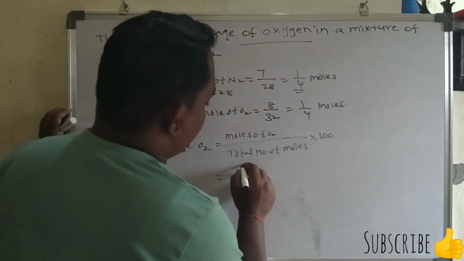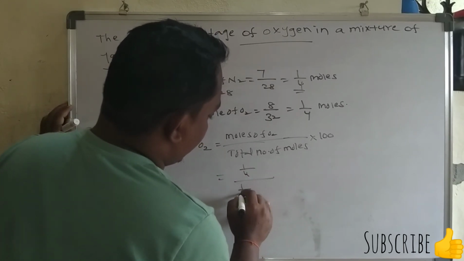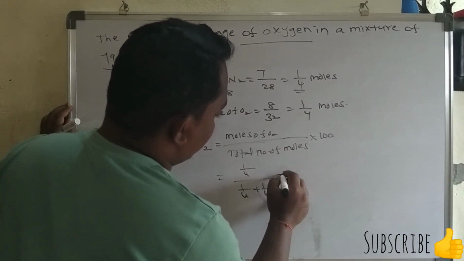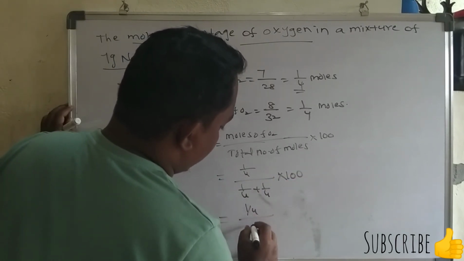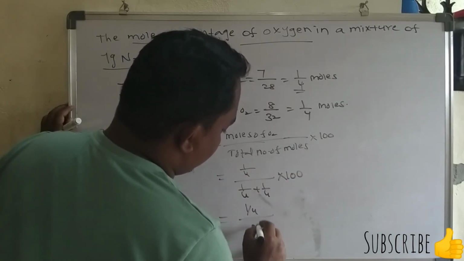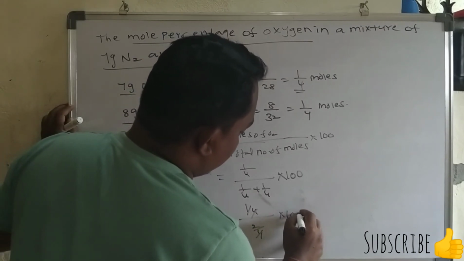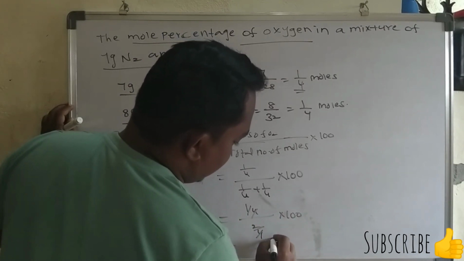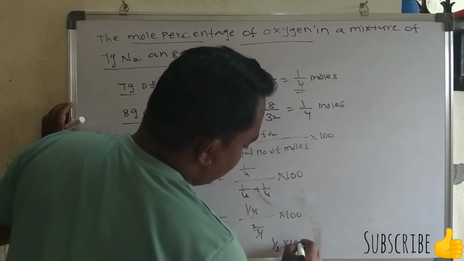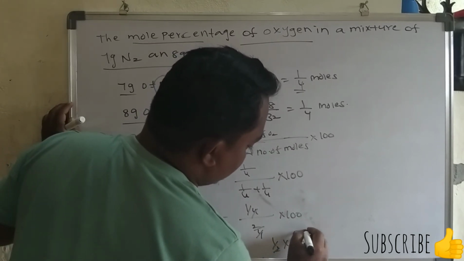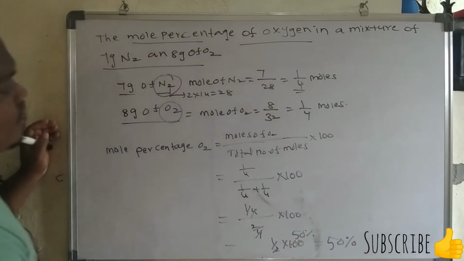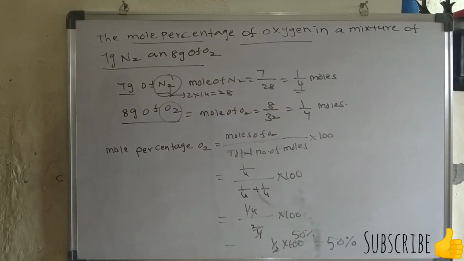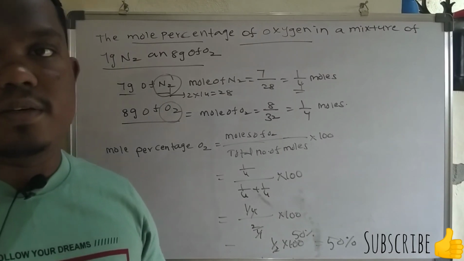That is 1 by 4 divided by 1 by 4 plus 1 by 4, into 100. Then we get 1 by 4 by 2 by 4, the 4s cancel, into 100. So we get 1 by 2 into 100, which is 50%. So this is how we calculate the mole percentage of oxygen. Okay, right.